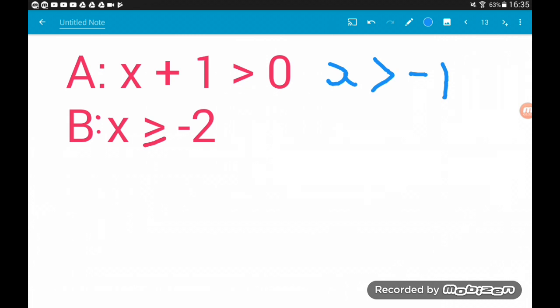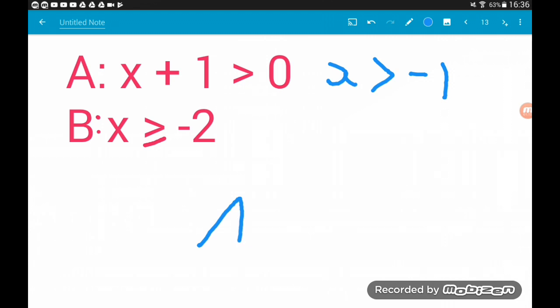So, does A imply B? If x is strictly greater than minus 1, is it greater than or equal to minus 2? Yes, it is. By statement B, x is allowed to be minus 2 or anything greater than minus 2. Now, if we're talking integers, the first number that x can be by statement A is 0, which is definitely greater than minus 2.